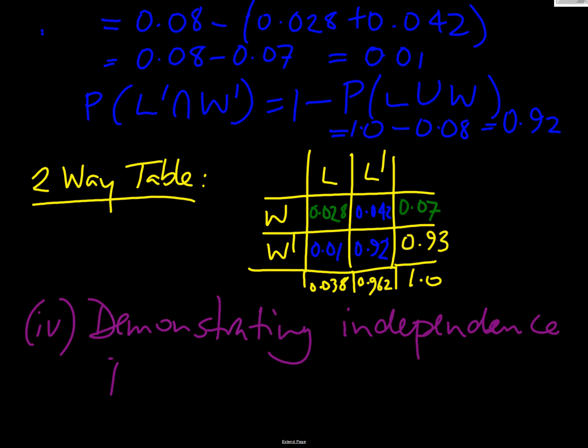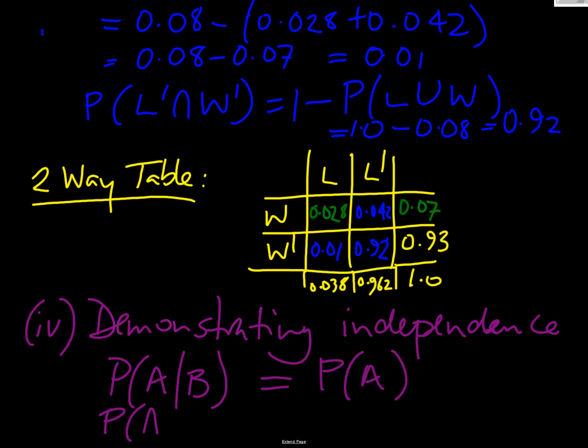We'd either have the probability of A given B, if they're independent, well, whatever happens with B is irrelevant, so that would just be the probability of A. And your other option is the probability of A intersect B, and that would be the probability of A times the probability of B, if they're independent.